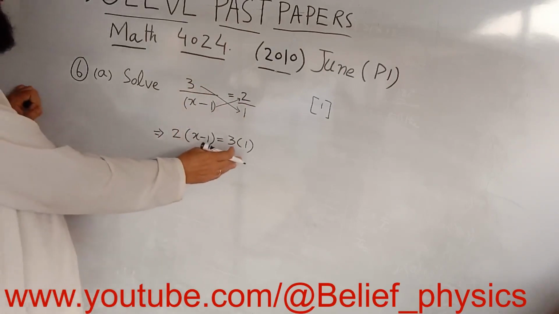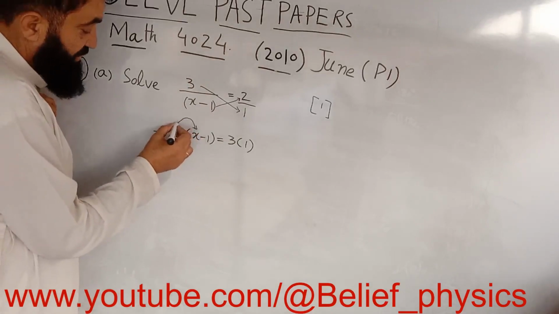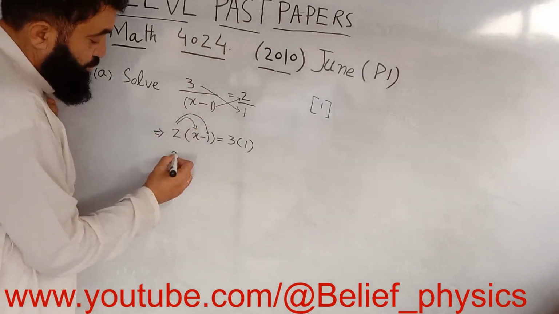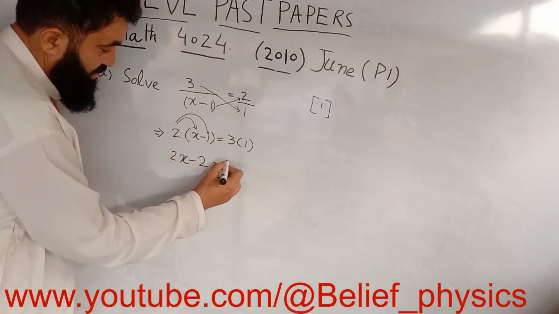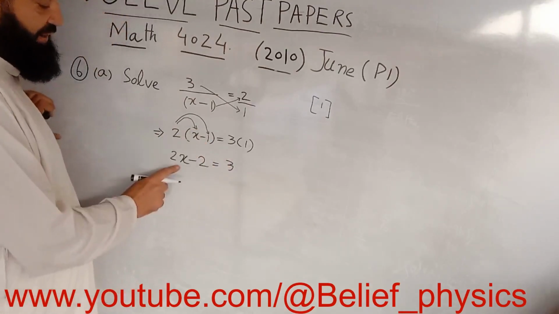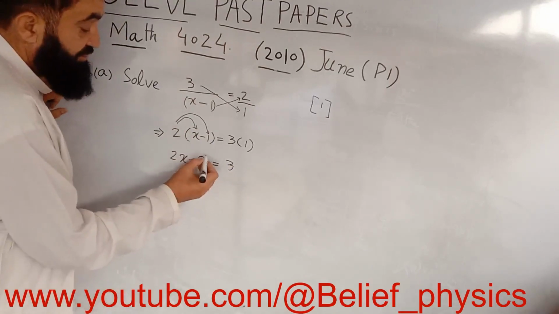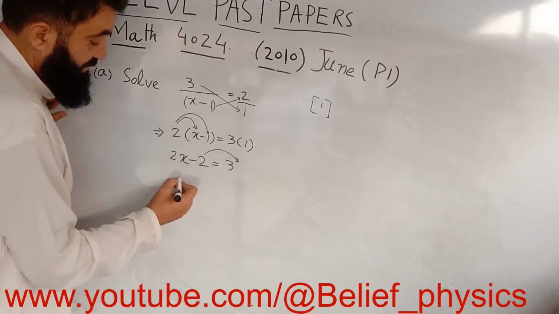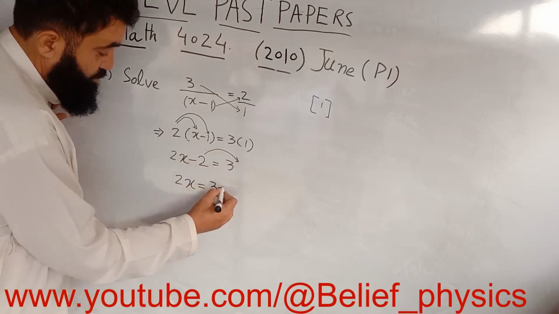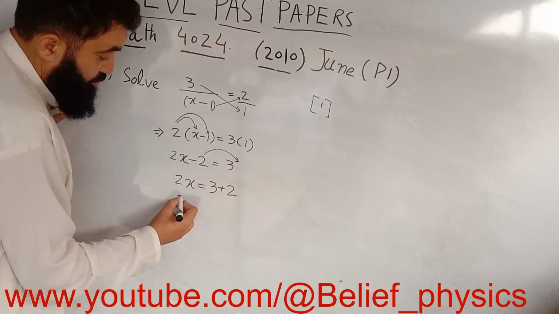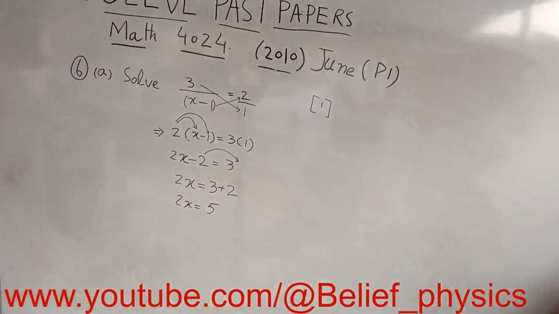Now we simplify it. This 2 will be multiplied with both of these numbers. So we'll get 2x minus 2 ones are 2, is equal to 3 ones are 3. We have to find x. So terms independent of x will be shifted towards the right hand side. So we get 2x is equal to 3 plus 2, which can be written as 2x is equal to 5.